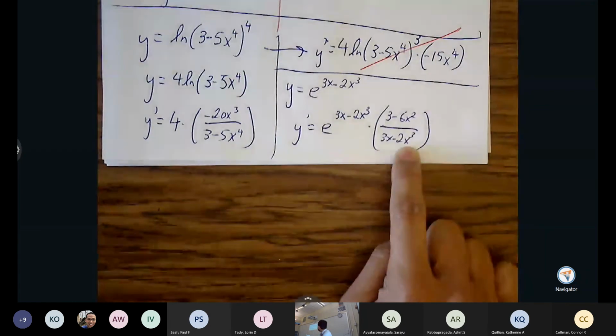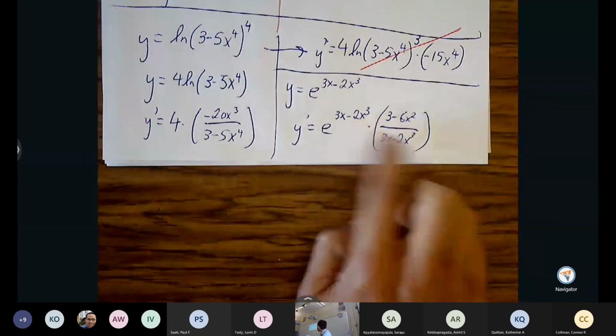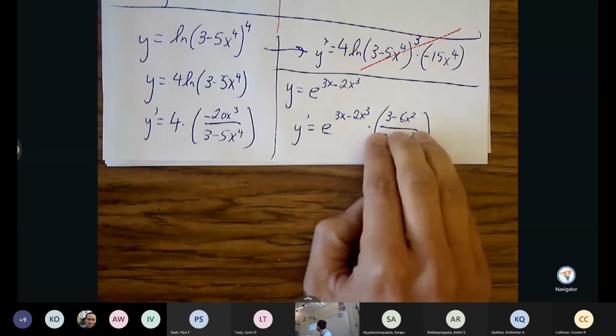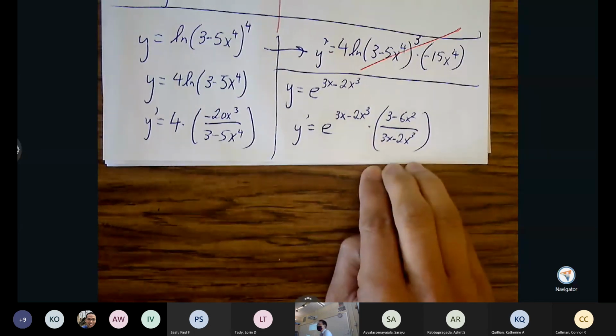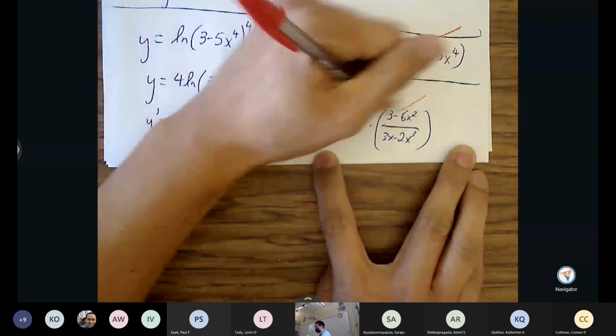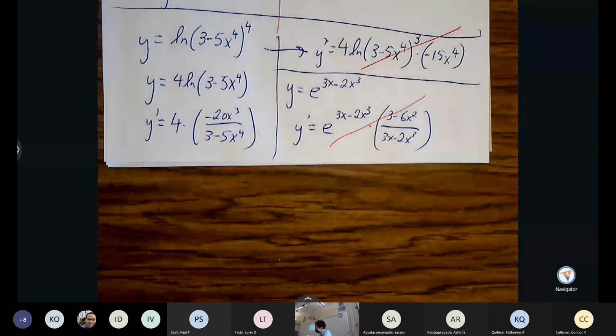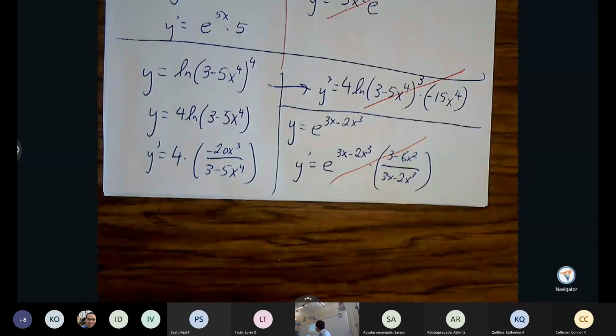So u prime over u is just for natural log. It's not for e to the u. So I see that getting confused there. So our derivative is just e to the u times u prime, not e to the u times u prime over u. Okay, so that's not correct. Yeah, so those are the big things that students struggle with, that I see with derivatives.